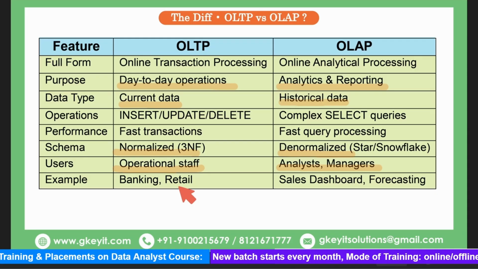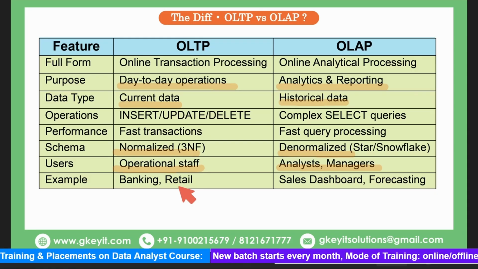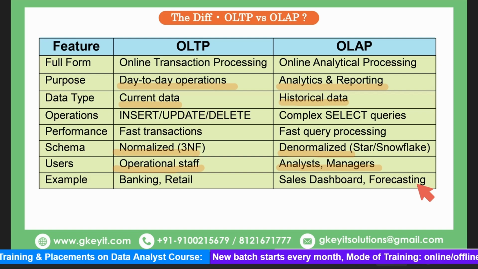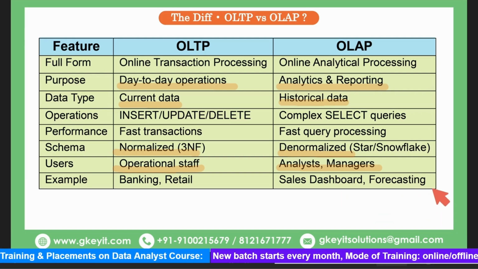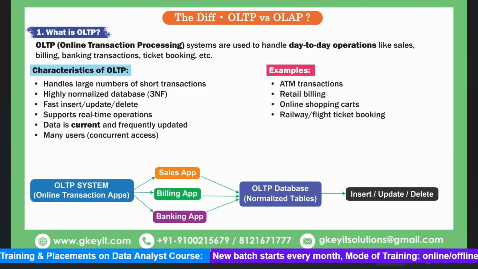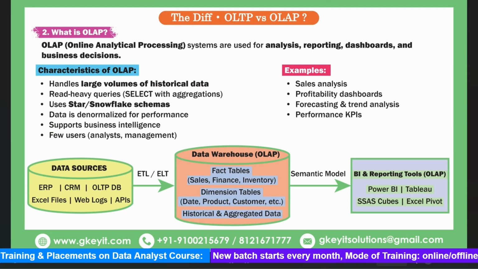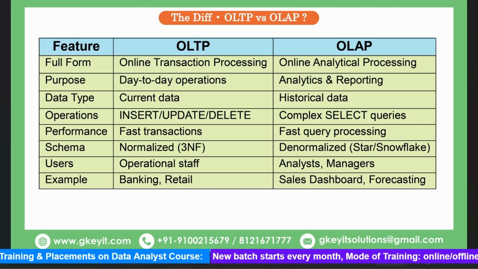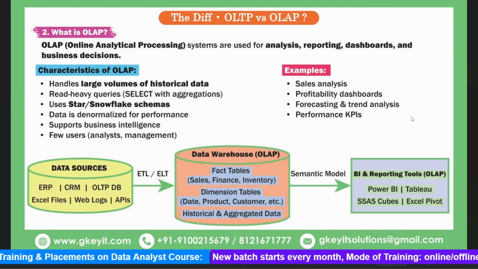These systems have lakhs of transactional data, whereas OLAP systems have sales dashboards and forecasting. Once data is loaded into OLAP systems, we can see the sales dashboards and forecasting for the sales domain. In the same way, we can have banking, retail and insurance domains in real-world projects. I think you got some idea about what an OLTP system is, what an OLAP system is, and what the differences between OLTP and OLAP systems are.